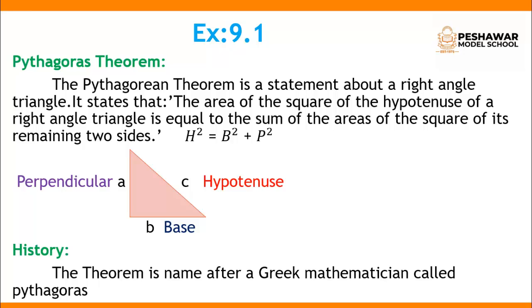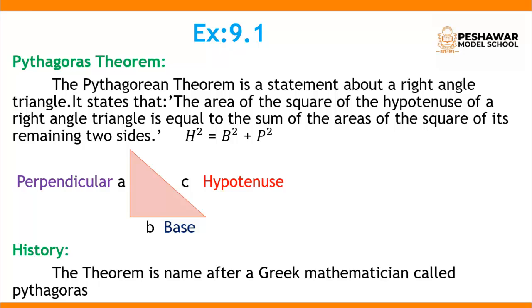This theorem is basically used for right angle triangles, and by it we can find the base, perpendicular and hypotenuse. So my dear students, the formula for the Pythagoras theorem is hypotenuse square is equal to base square plus perpendicular square.